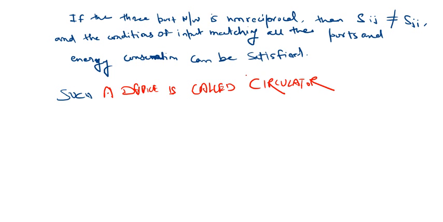Now you have heard of this microwave component previously. So now you understand that a circulator is basically the practical version of this T junction. Maybe it is non-reciprocal, maybe there is some loss, and maybe one of the ports is not matched.